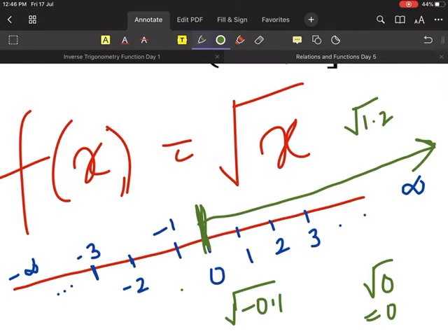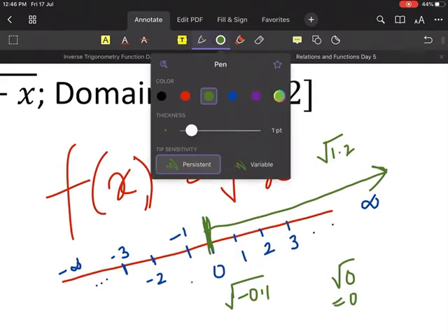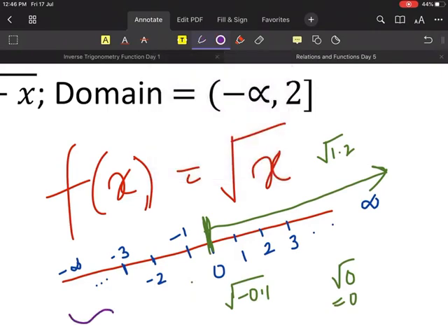Whenever I see a negative number inside a square root, it is not defined. I will not accept it. Am I clear? Has everybody understood?